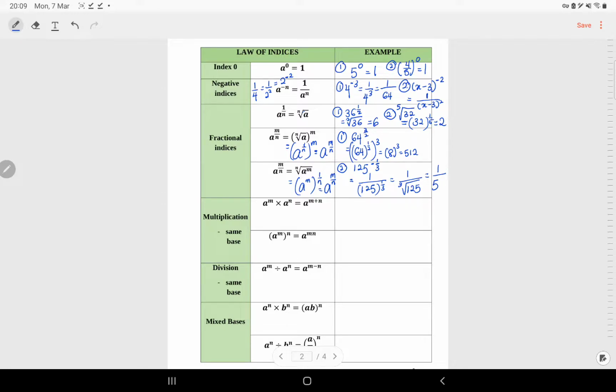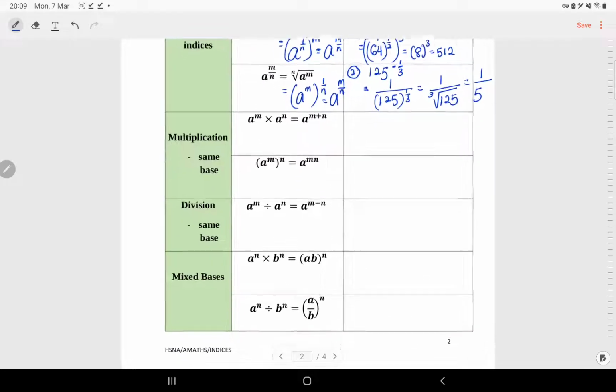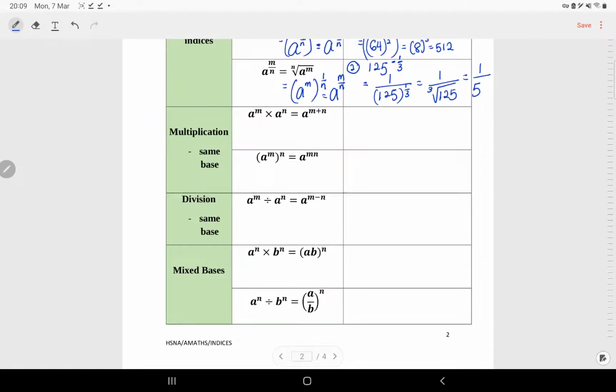So, moving on, the next one: multiplication of the same base. We're dealing with the same base. What is the base? The base is my a. This here, that's my base. So when you have indices of the same base and its multiplication, what you do is you add the powers.